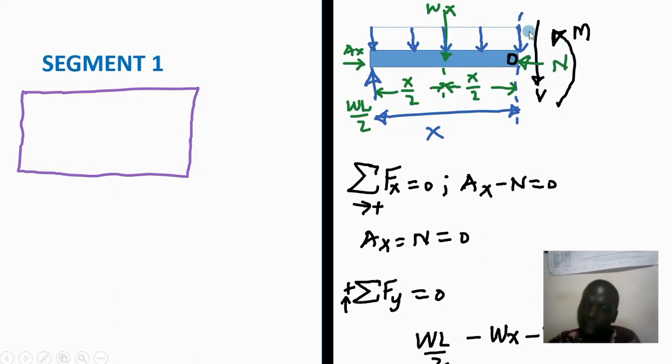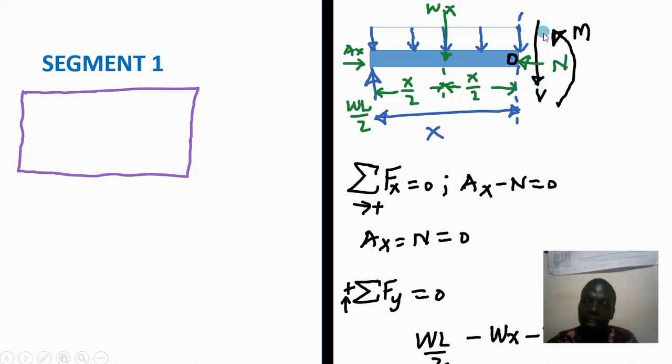Because when we create a cut here, we are supposed to indicate the internal forces, which are the bending moment, the axial force N, or the normal force N, and also the shear force. So the shear force is V.